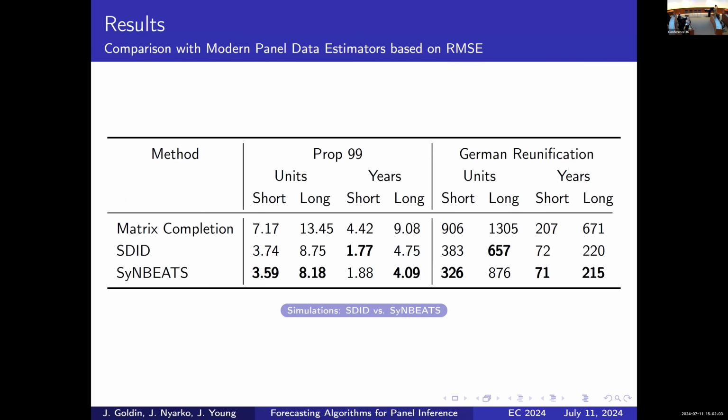If you look at the two, both synthetic difference of differences and our method perform better than matrix completion. But if you look at the numbers, we get pretty close to synthetic difference of differences. I've highlighted our numbers in bold, and it looks better, but if you look at the magnitude, it could maybe be within noise. If this were a different data set, it might have changed. But regardless, we do pretty well.